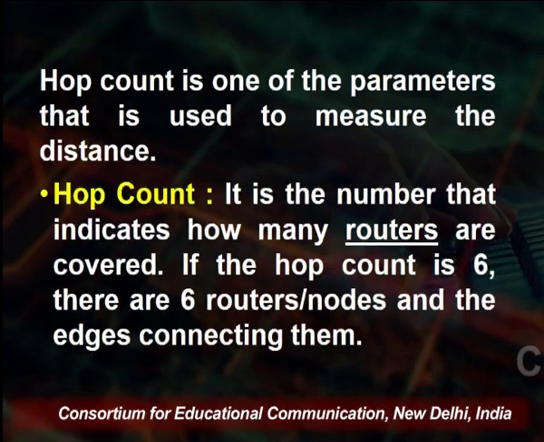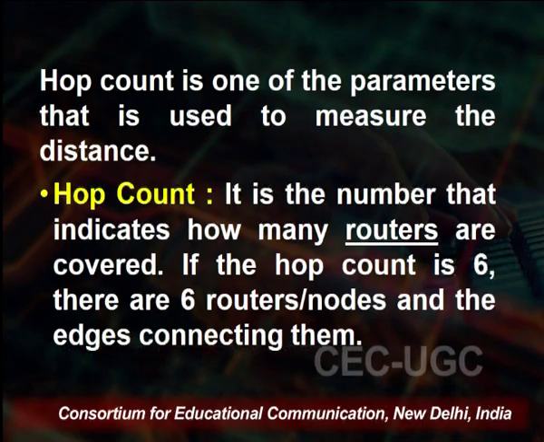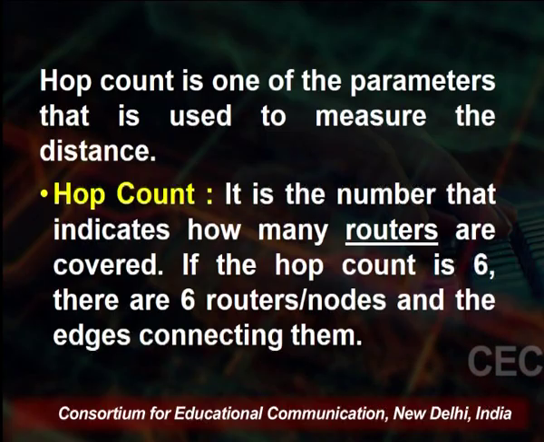If the hop count is, let us say, 6 or any other number, that means 6 routers or nodes are being covered on that path, and obviously edges are there in order to connect them.